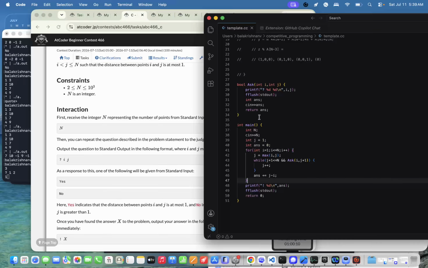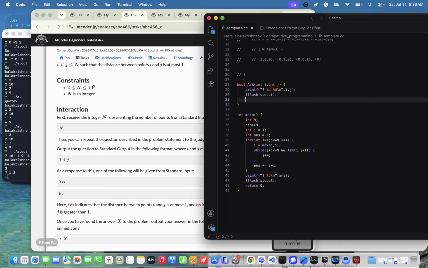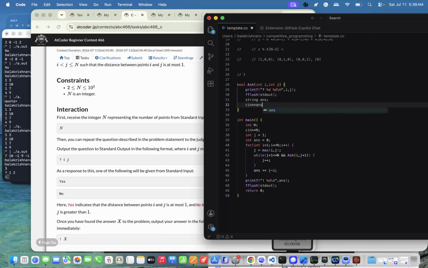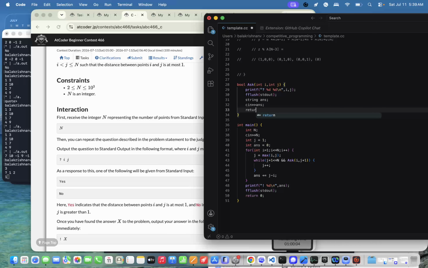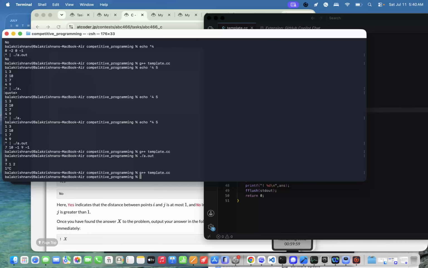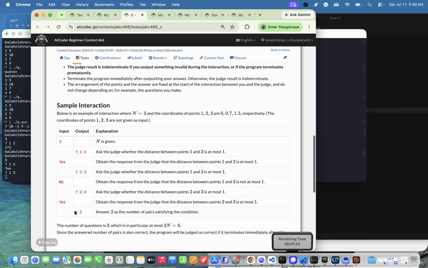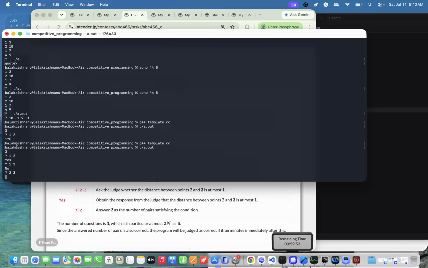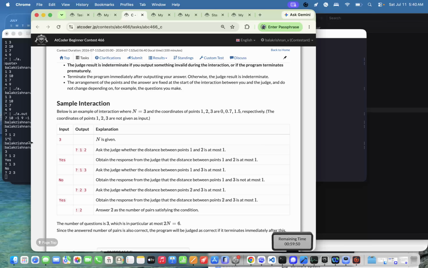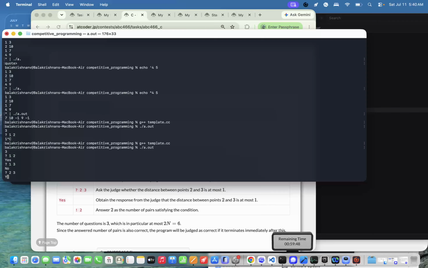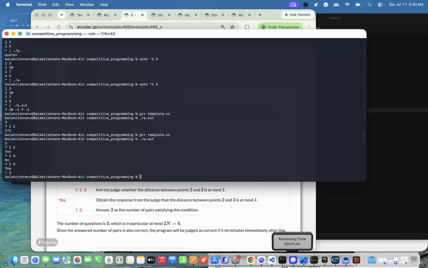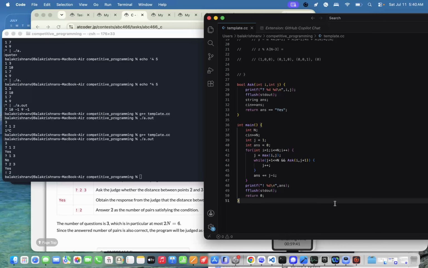So, okay, you just get yes or no. String s, if s is equal to yes. 3 yes. So 1 3 no. 2 3 yes. Should work.